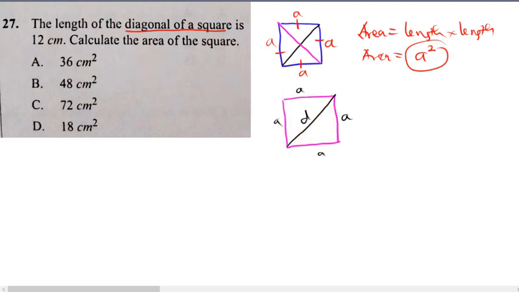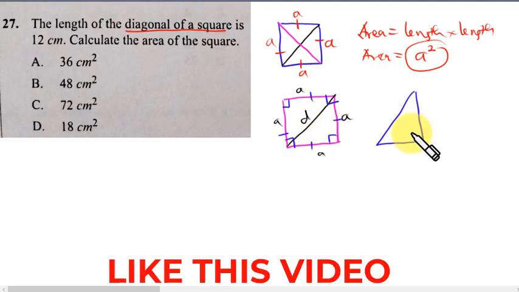Now we have established that the sides of a square are all equal. Of course the interior angles of a square are 90 degrees each, 90, 90, 90, and because of that we can see that there is a right angle triangle formed here.